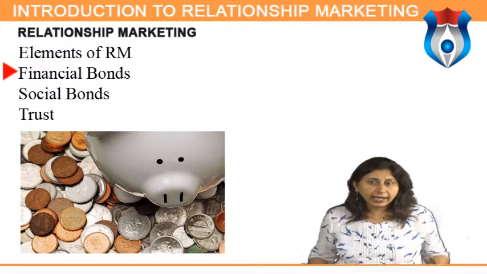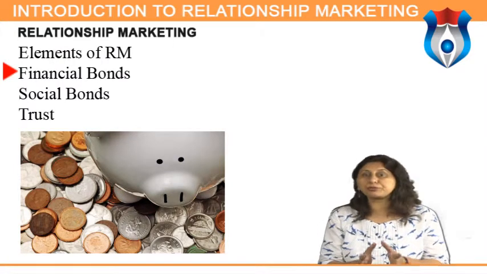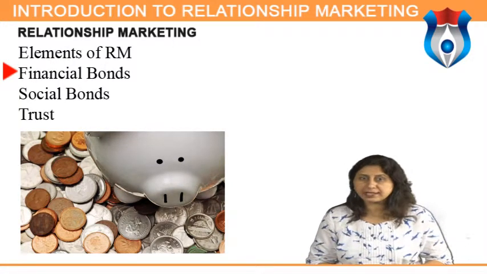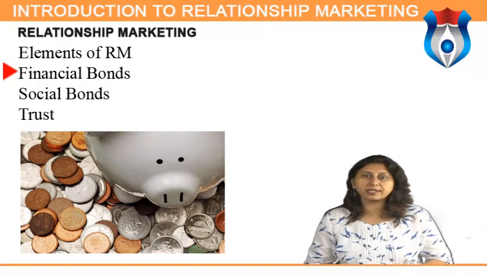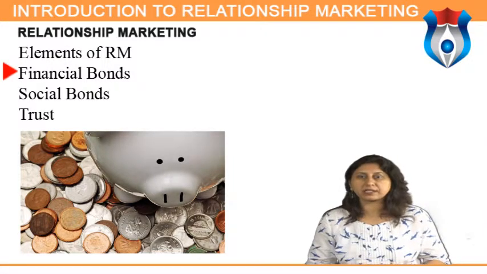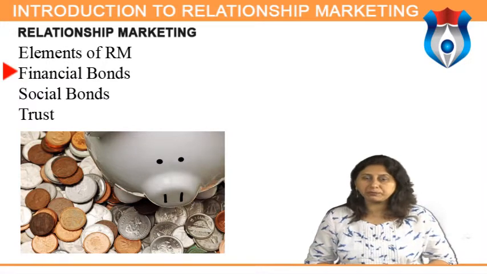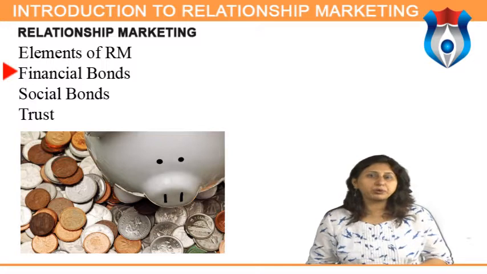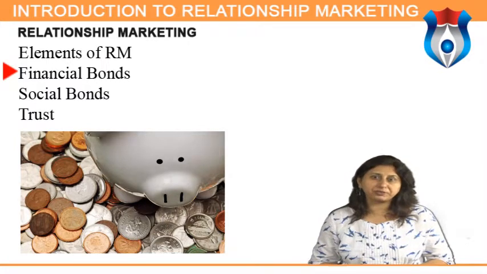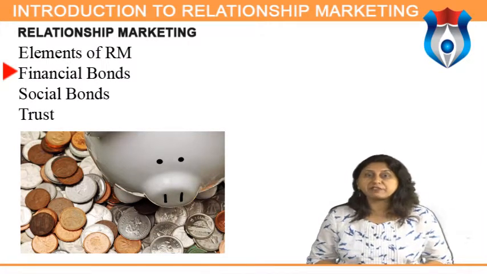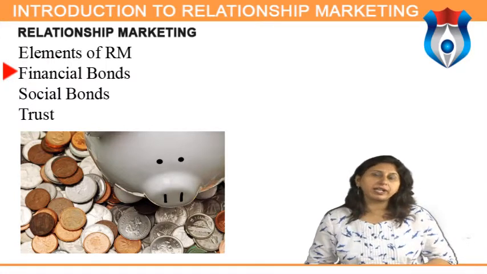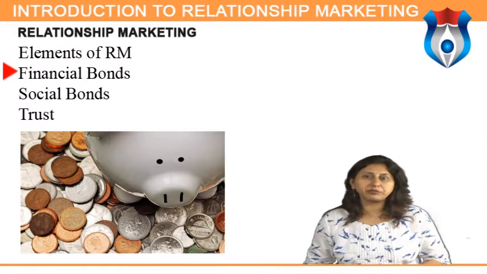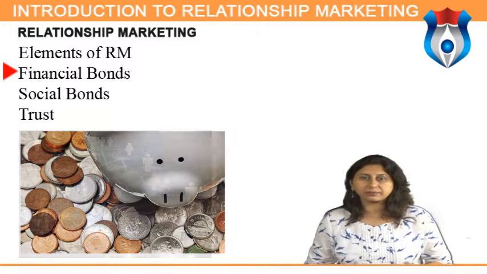Financial bond is tying the customers primarily through financial incentives that may be in the form of lower prices for greater volume purchases or lower prices for customers who have been with the firm for a long time. Financial incentives do not generally provide long-term advantages to a firm, especially if not combined with another relationship strategy, as they do not serve to differentiate the firm from its competitors in the long run.